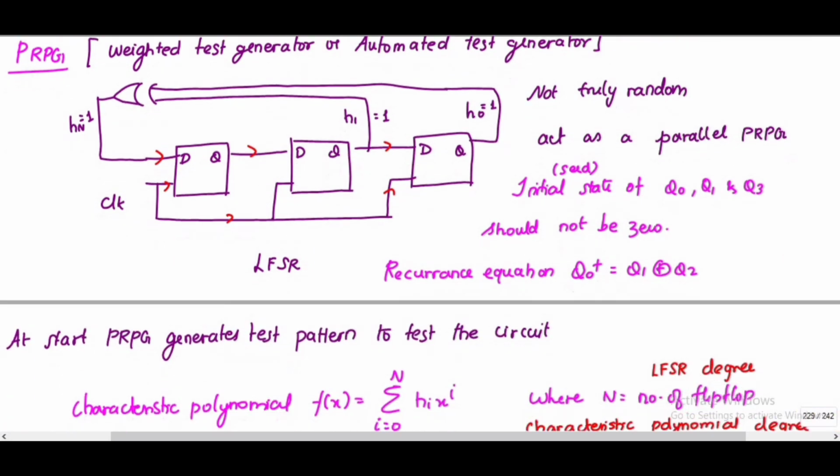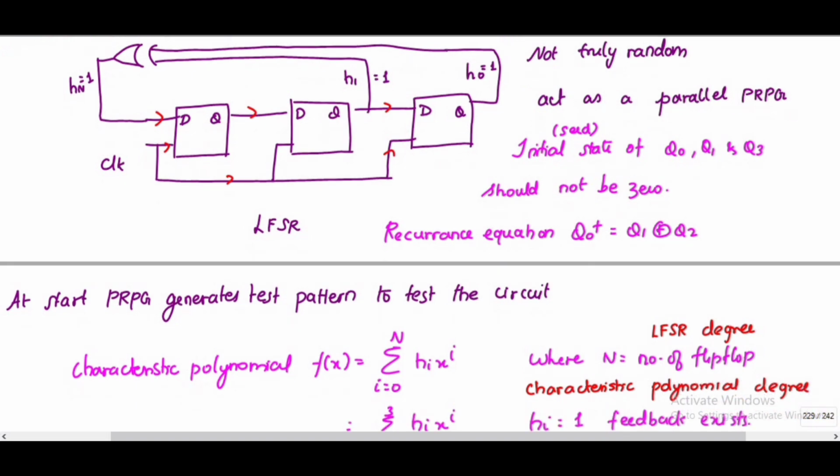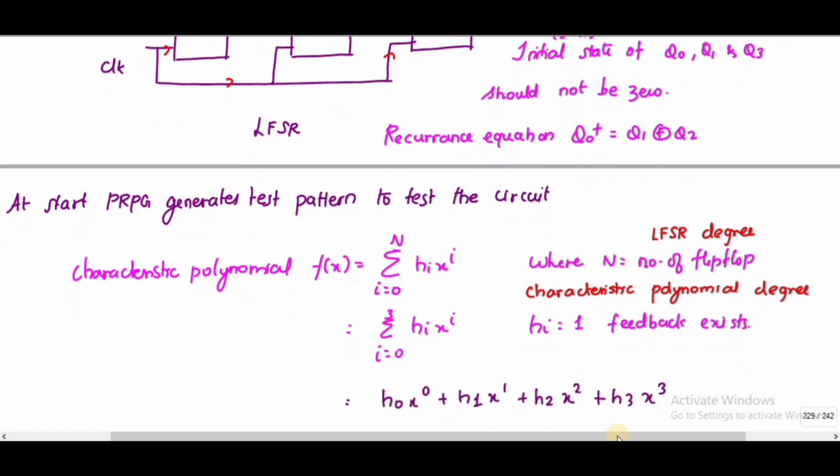We have to find the characteristic polynomial f(x), which is the summation for i equal to 0 to n of h_i x^i, where n is the number of flip-flops, also called the LFSR degree, or the characteristic polynomial degree. Since n is 3, i goes from 0 to 3.